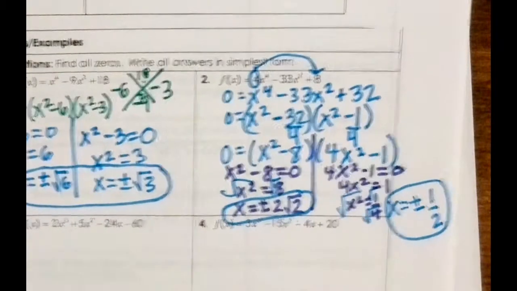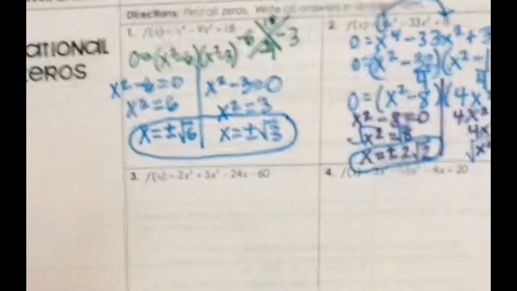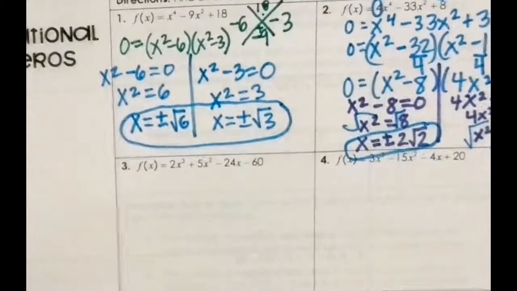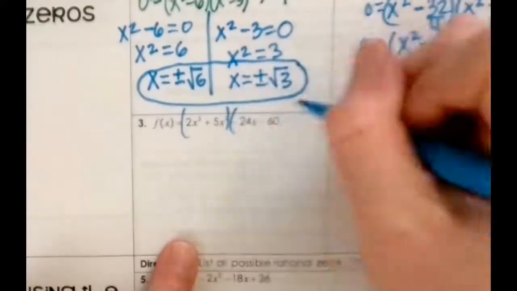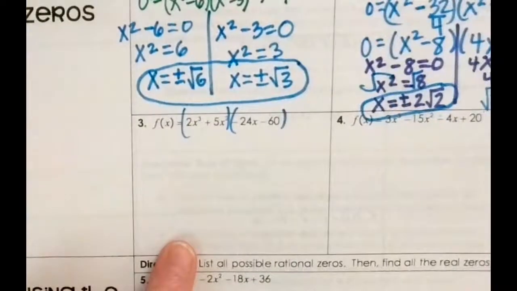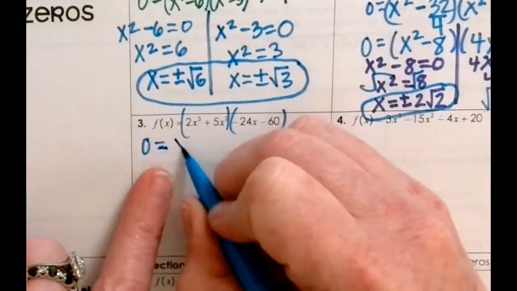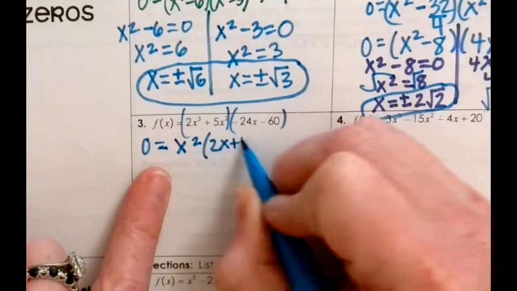All right? Number 3. Let's do that one. It's a factor by grouping. Cool. Okay? So, group them up, and we'll take the common factors out. So 0, we want to find the zeros, equals, looks like just x squared times 2x plus 5.